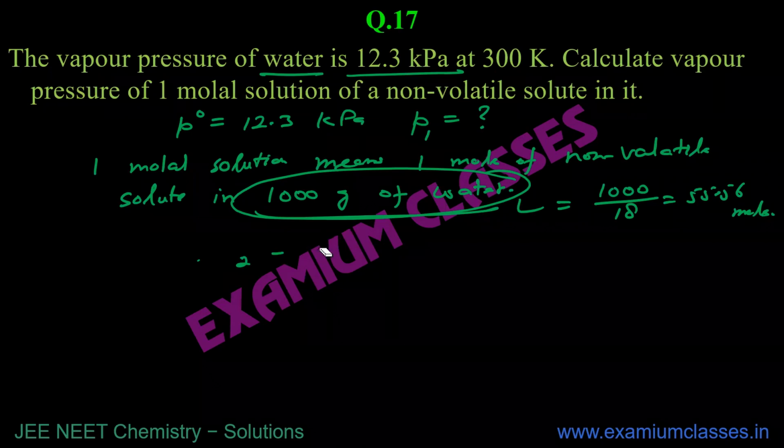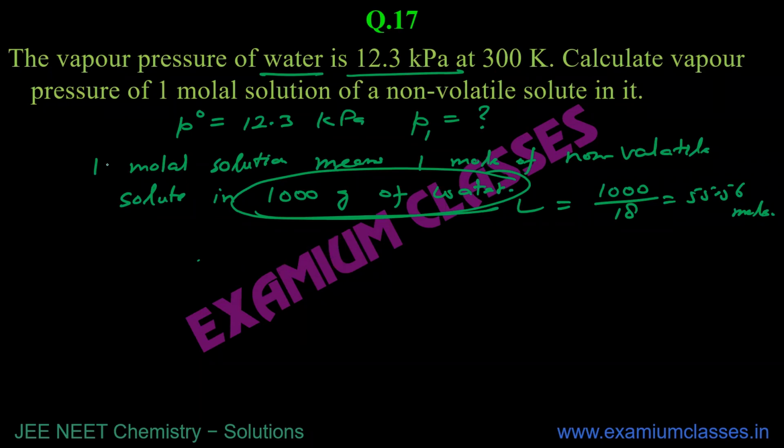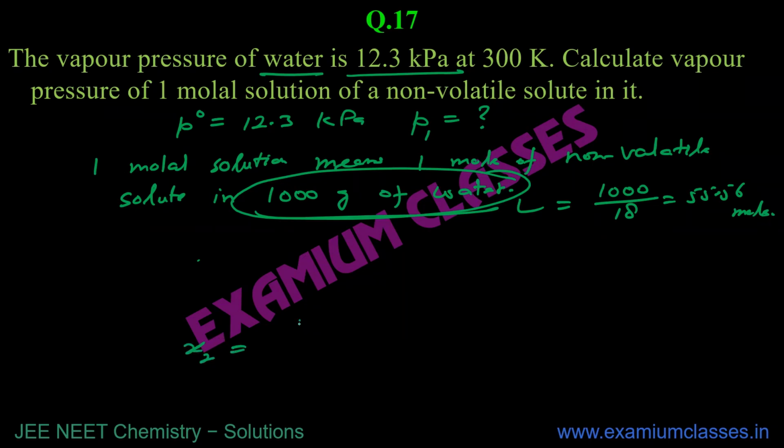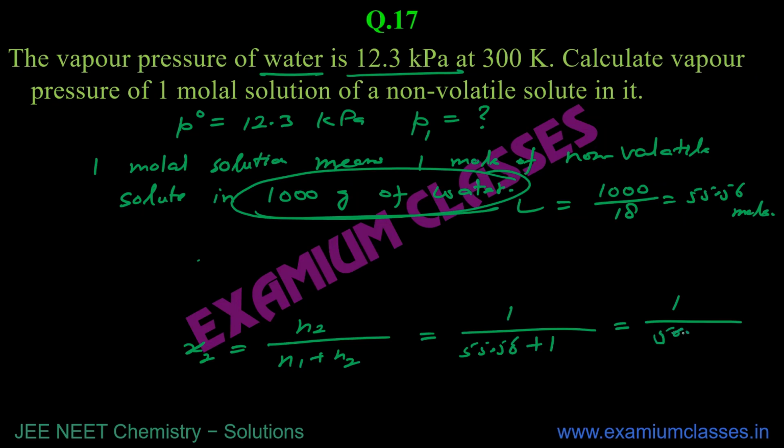Obviously you can also approximate, because it is just 1 mole and you have 55.56, but still, the mole fraction will be N2 divided by N1 plus N2, where N2 for the solute is 1 and N1 is 55.56, so the total is 56.56. And when you solve it, you will get 0.0177.